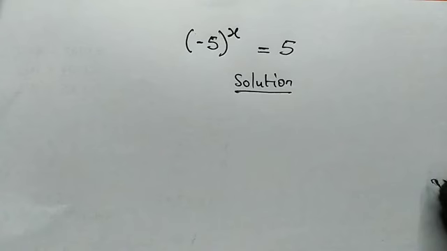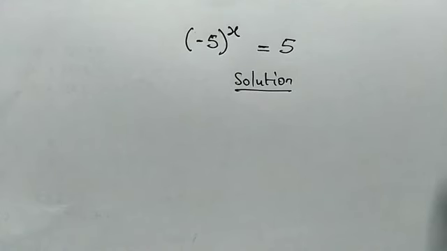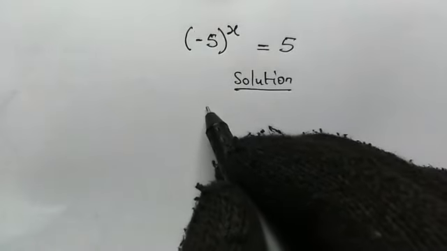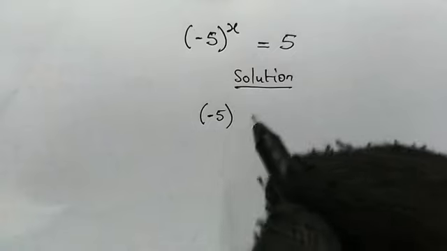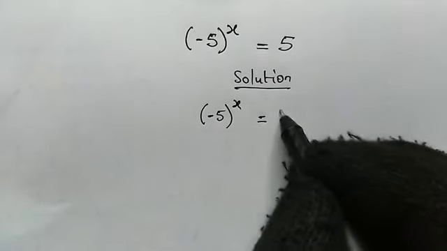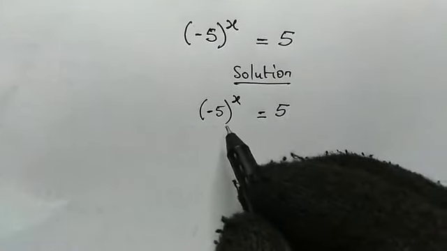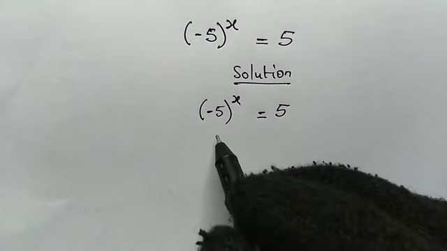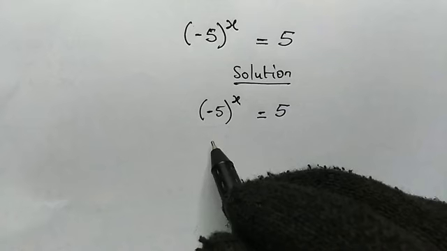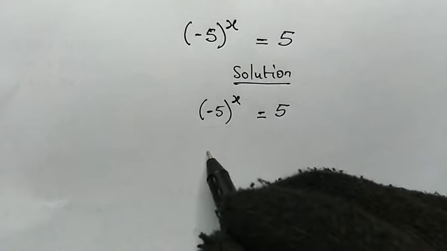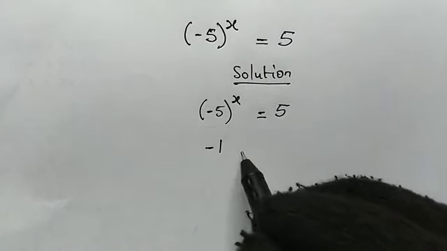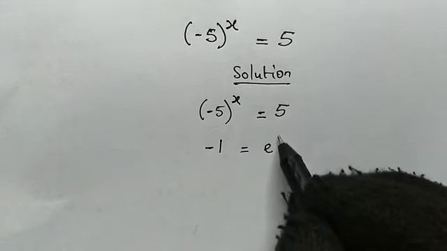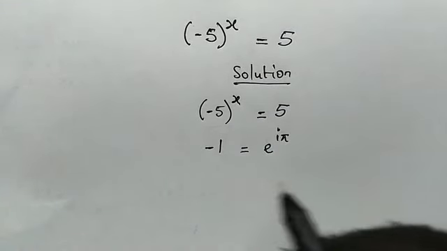Okay, now in this video, let us first solve for the value of x, then we can make a general solution, right? So here we have negative 5 to the power of x. This is equal to 5. Now we're going to natural log both sides, but before that, we need to take note of something really cool. We know from Euler that negative 1 is equal to e to the power of i pi.